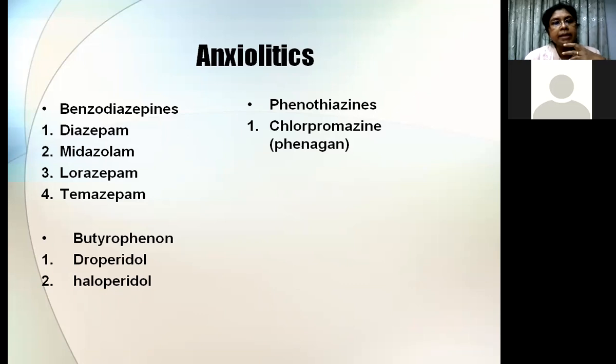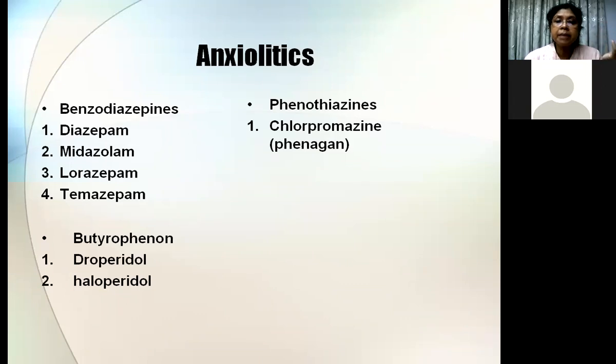So anxiolytics, we can group them into benzodiazepines, phenothiazines, and butyrophenones, right? So I think you have heard about the benzodiazepines like diazepam, midazolam, lorazepam, and temazepam. And all these drugs are used not only for anxiolysis, but also to control fits, and to sedate them.